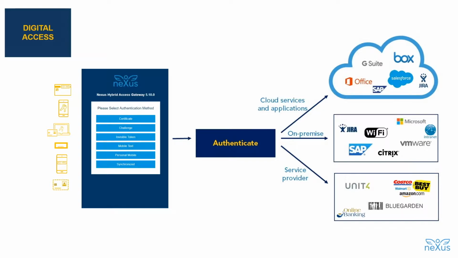So if you access a service that requires mobile ID or a smart card, for example, we only show those options when you try to access the service, so that the user cannot select another pair of credentials which is not valid for the service. So you select the way you would like to authenticate, you authenticate, and then you access the service, and it could be a cloud-based application, service provider applications, or on-premise applications.